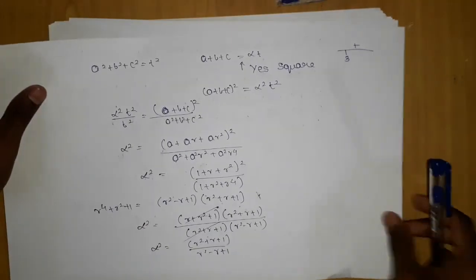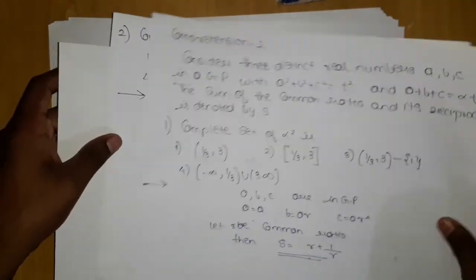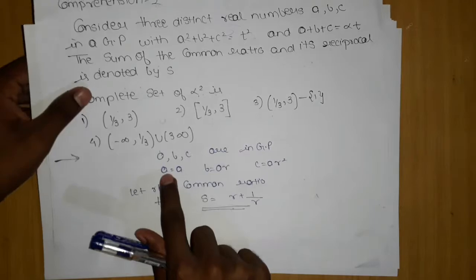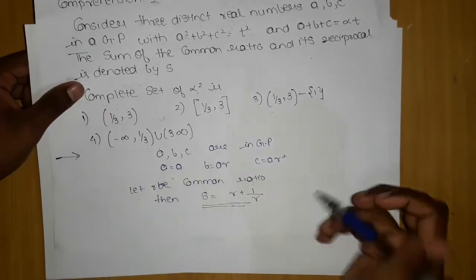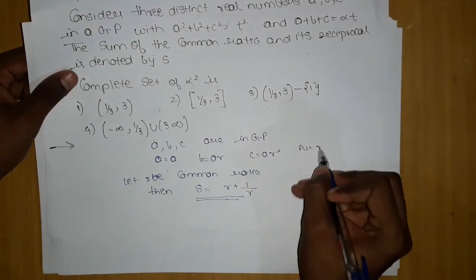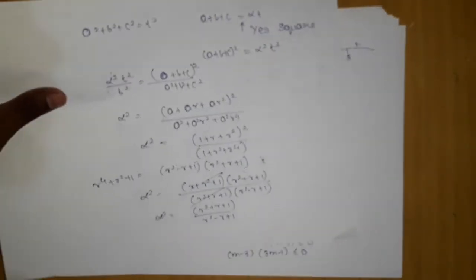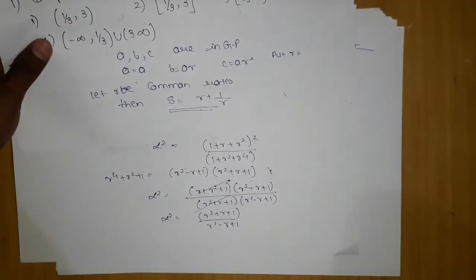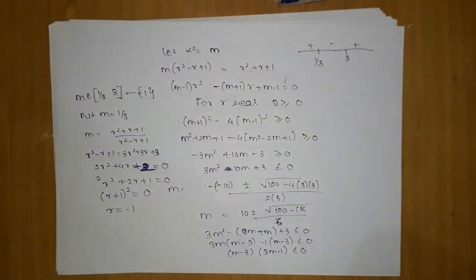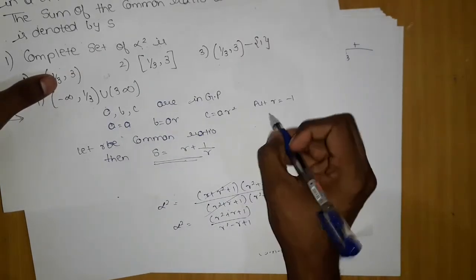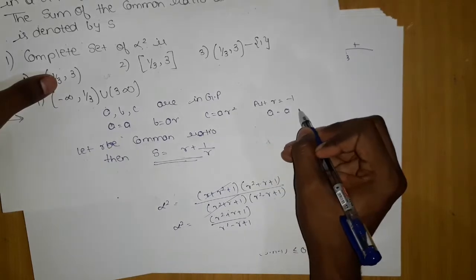Now be a little cautious and think again about what we have done so far. If I take the terms a, b r, a c r and put r equals minus 1, then this is a, this is minus a, and this is a.